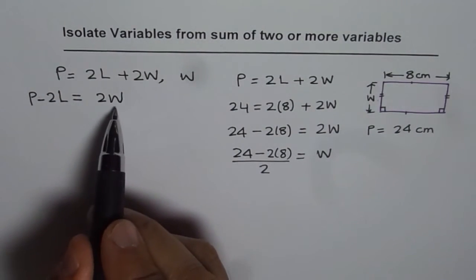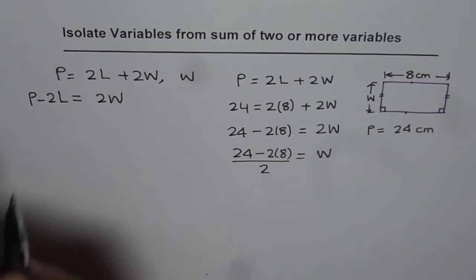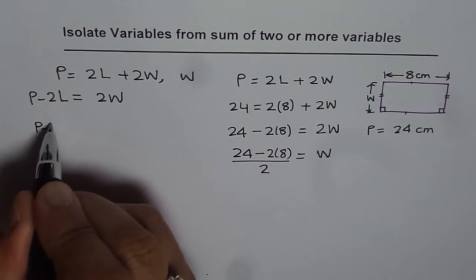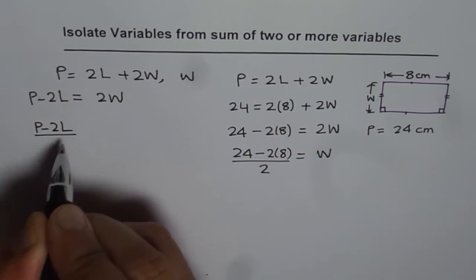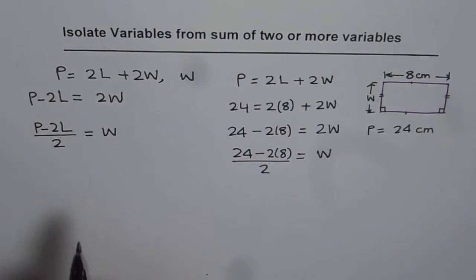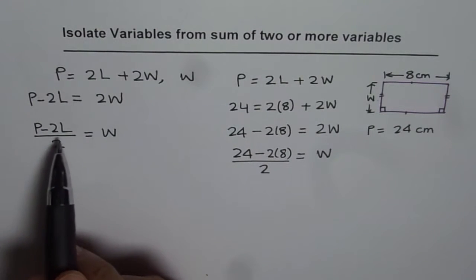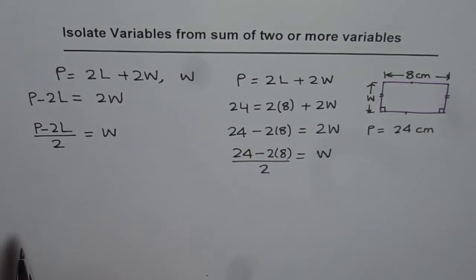Now since we want to find what width is, we'll divide both sides by 2. So we will get perimeter minus 2 times length, divided by 2, is equal to width, right? So we get a formula using which we can find width when perimeter and length of the rectangle is given to us.